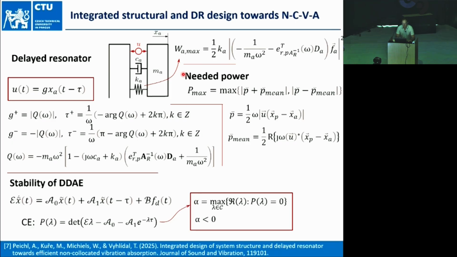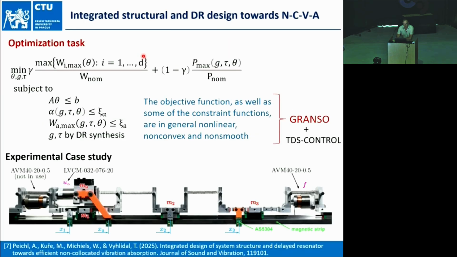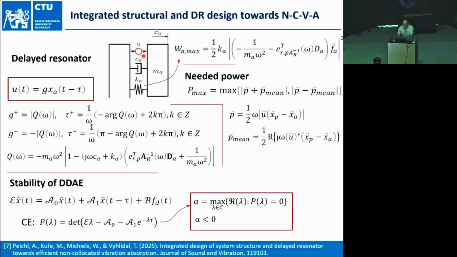Then the last thing which we could think of is the power needed for vibration suppression by the resonator. Of course we want to minimize the power consumption as well. So we have plenty of requirements on how it should work. But remember that in the control we only have two parameters, the gain and the delay.